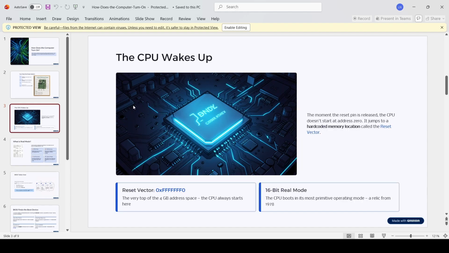As I have already told you, the CPU wakes up and jumps to the reset vector. This is a long address at the top of the 4 GB address space, and the CPU starts here. One thing you might ask is: I told you that we have only 1 MB of memory space, but how can we address this far?